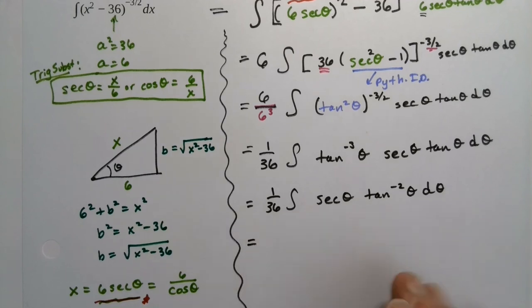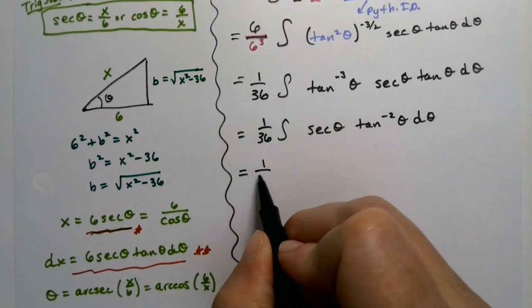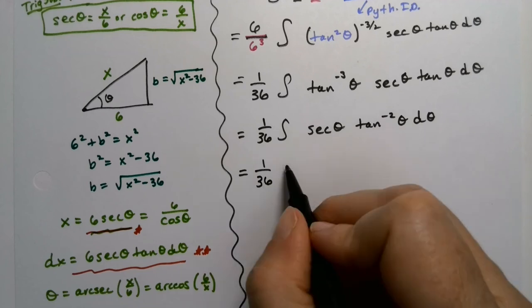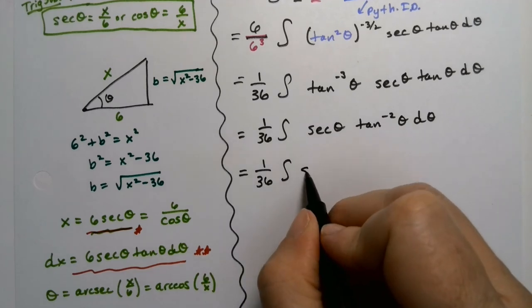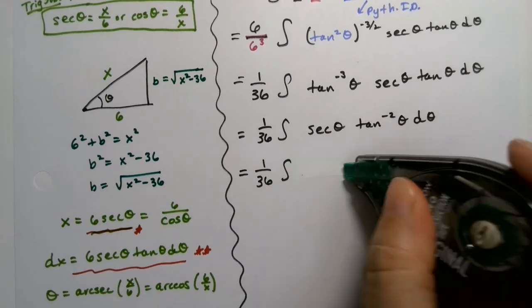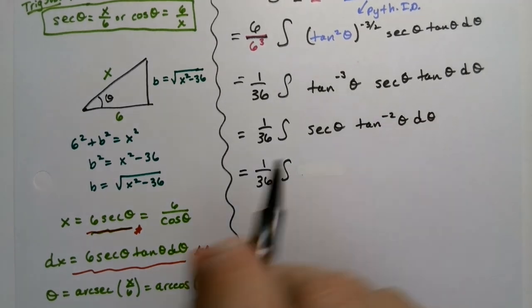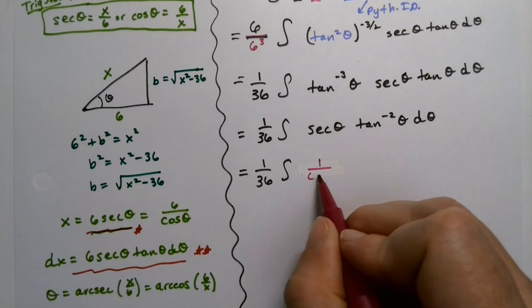All right, so now let's rewrite this. We're basically looking for some way to figure this out. We could leave it as secant theta, but actually, I know what I could do. I could change this into 1 over cosine, right? Because secant is 1 divided by cosine of theta.